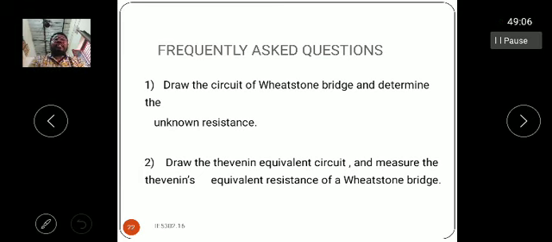With the help of Ig we calculate the voltage V is equal to I into R. The current passing through the galvanometer is Ig and the galvanometer resistance is Rg. Multiplying these two, we get the voltage across the galvanometer terminals, Vg. If you want to calculate the power delivered to the galvanometer, power P is equal to I square into R, that means Ig square into Rg, or the power P is equal to V into I.